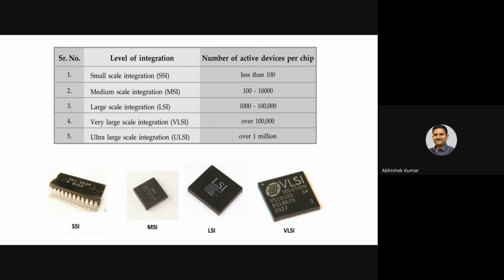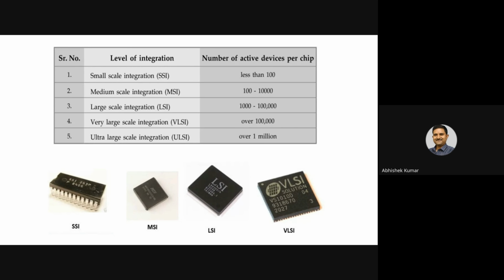After that, we have further scaling, ultra large scale integration, with 1 million transistors. After that, we have one more category called 3D IC, where more transistors can be put in vertical stacks.